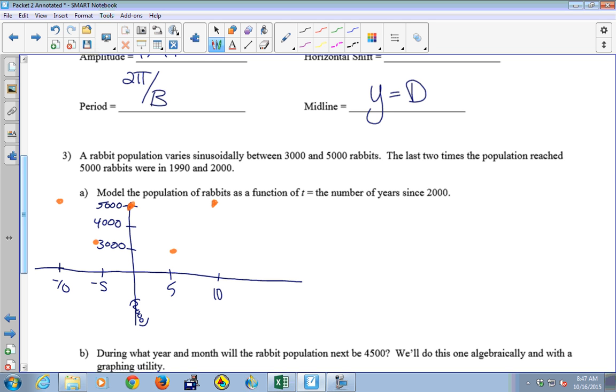And then the midline, the halfway point between its max and its min, I like to draw in with a dashed line. Halfway between a max and a min, it hits its midline. So it'll hit the midline about here, and here, and here, and here. And then we can try to connect them with a nice smooth sinusoidal curve.